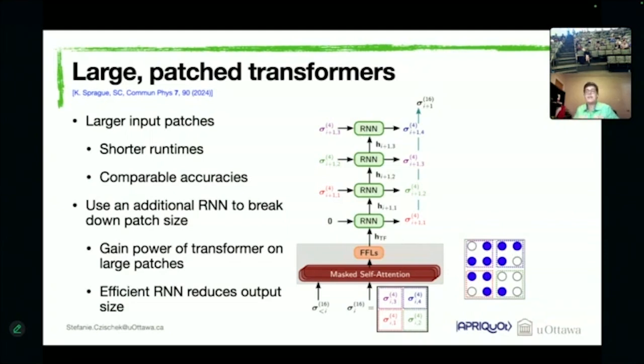And then instead of just directly looking at the probability of all possible 2 to the 16 states of the next large patch, he sent the output of the transformer into an RNN. And this RNN breaks the large patch down into smaller 2 by 2 patches and samples the state of each 2 by 2 patch one at a time. And from these, in the end, we can build together the state of the next large patch in the sequence.